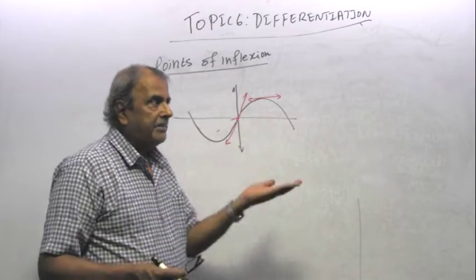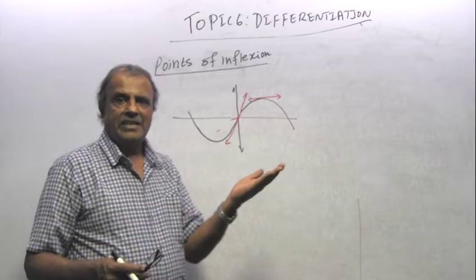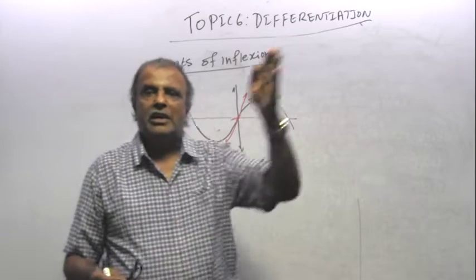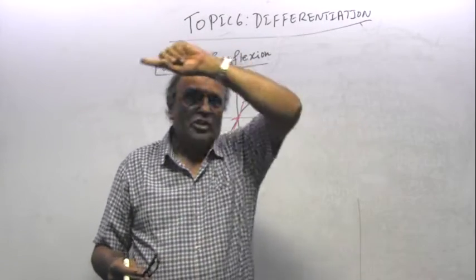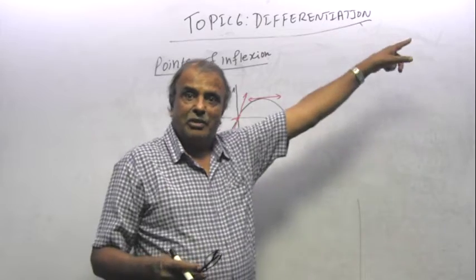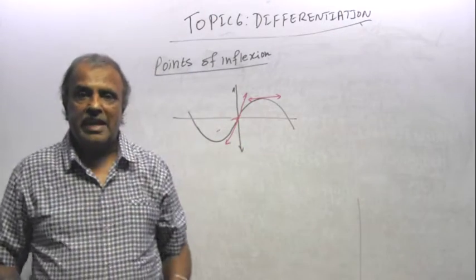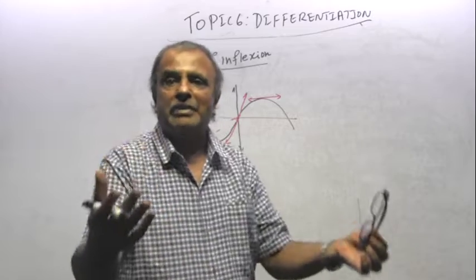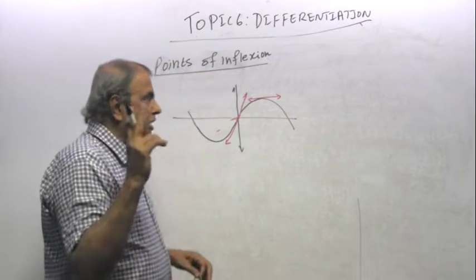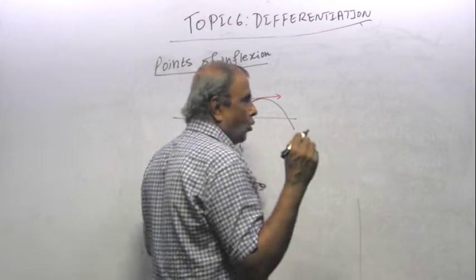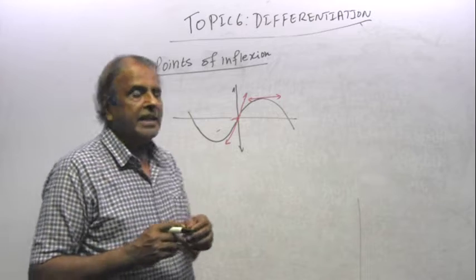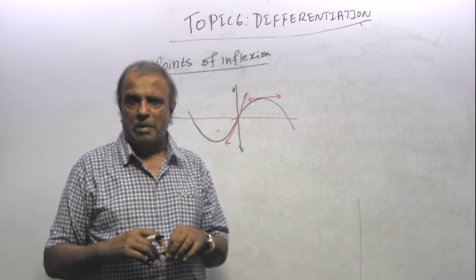Whenever a tangent crosses the curve at the point of contact, not intersecting the curve somewhere else, then you get a point of inflection. So there are two conditions for a point of inflection. One is that the gradient is maximum or minimum.